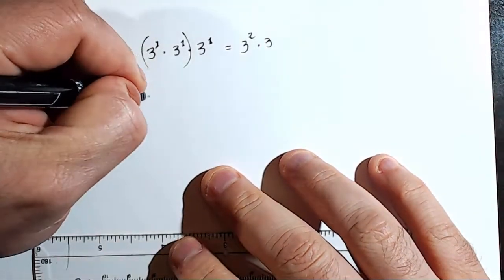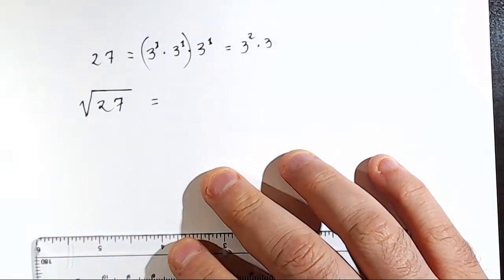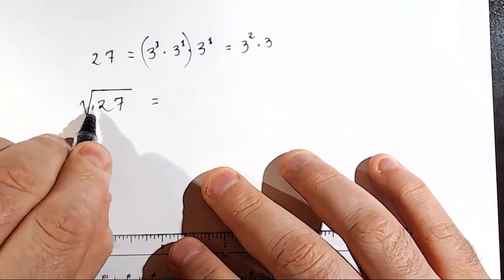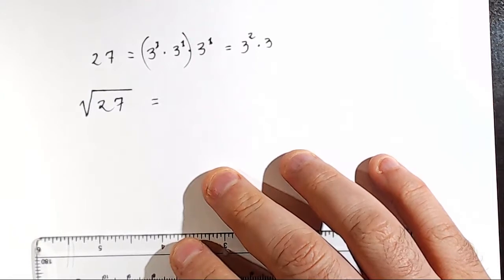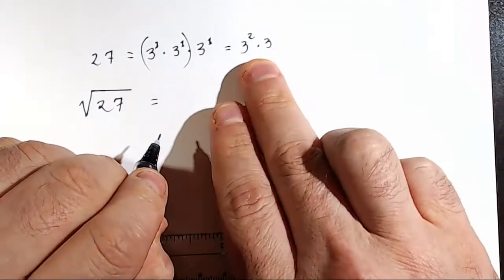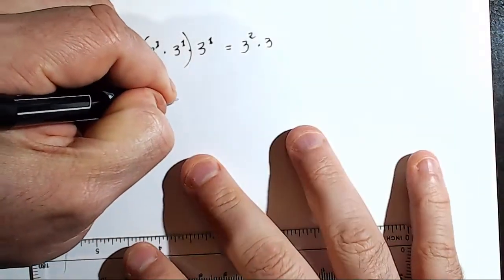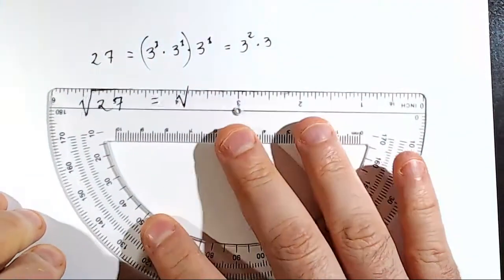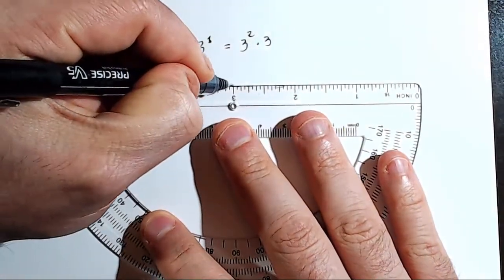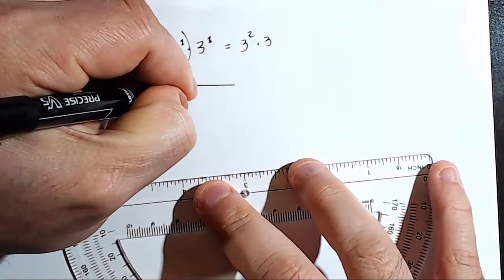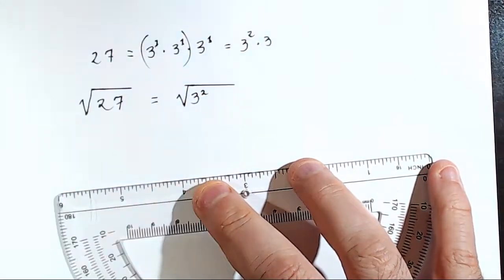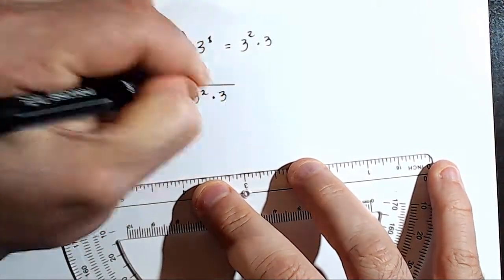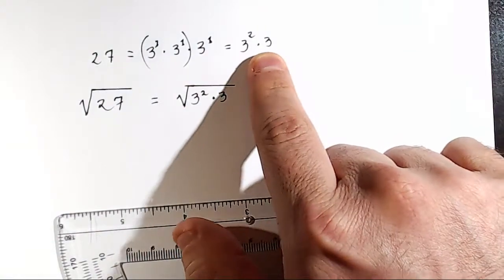Well, let's try rewriting this 27 as the product of the primes right here. So imagine we were to rewrite the square root of 27 as the square root of 3 squared times 3. And we've proven that that's possible right here.